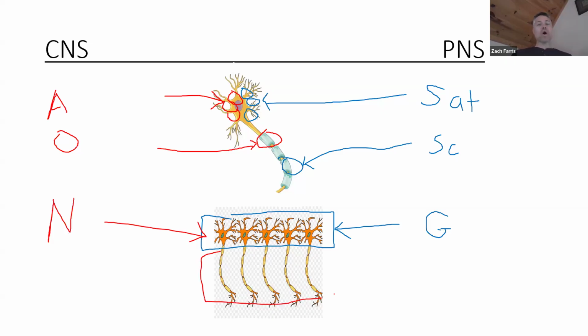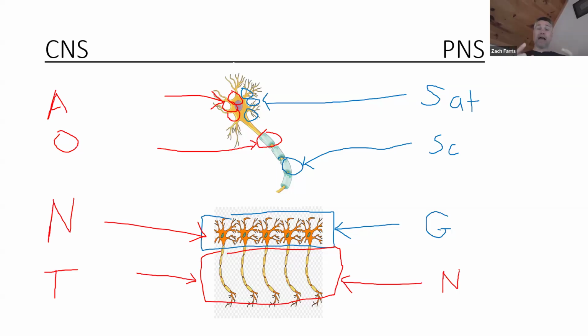If we bundle up not one axon, but many, many axons in the CNS, those are going to be referred to as tracts. But I'm not going to change the color over here. You get the idea. Those are called nerves if it's a big bundle of axons out in your PNS somewhere, not in your brain and spinal cord, out in the body somewhere.